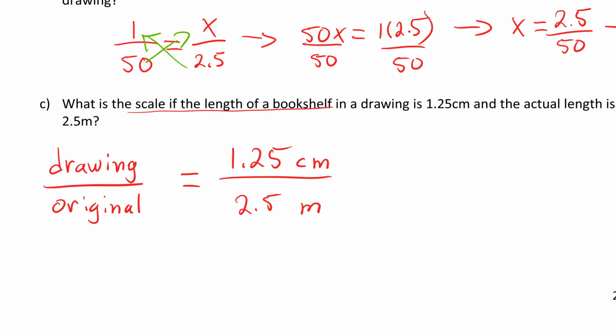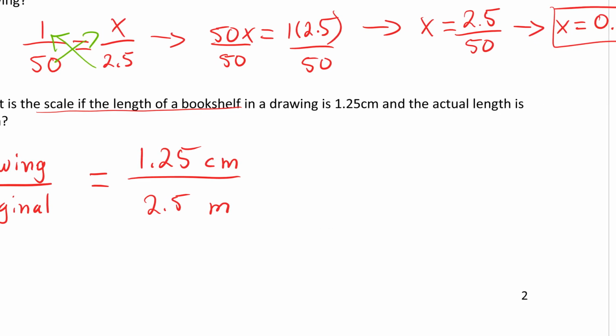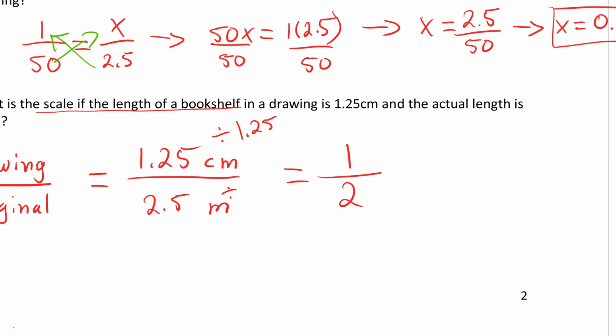Now, when we have it like this, we want to try and reduce our fraction. Well, 1.25 goes into 2.5 twice. Dividing 1.25 by 1.25, you get 1, and dividing 2.5 by 1.25, you get 2.